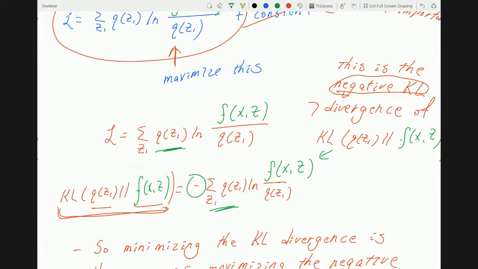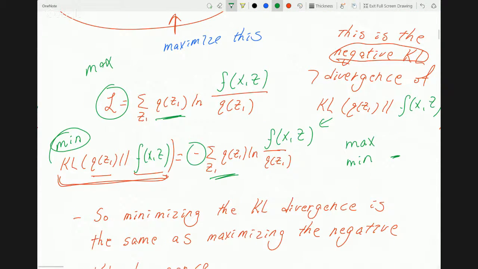Now, finding the maximum of something is the same as finding the minimum of the negative of that something. Therefore, finding the minimum of the KL divergence is the same as finding the maximum of the lower bound. I'll say that again.